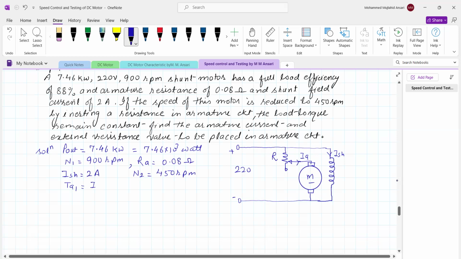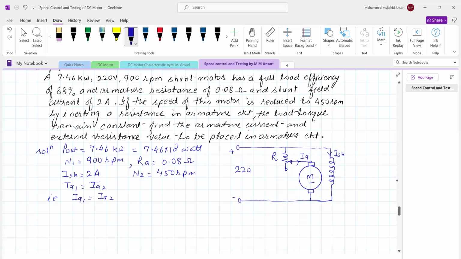The torque remains the same. That's why, because torque is directly proportional to armature current, the armature current IA1 is equal to IA2.